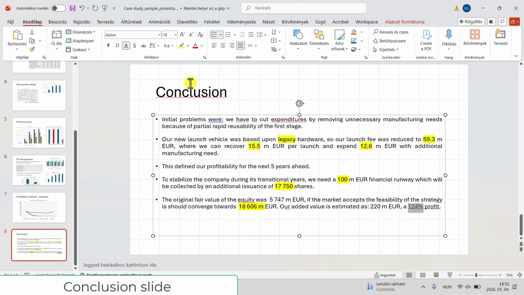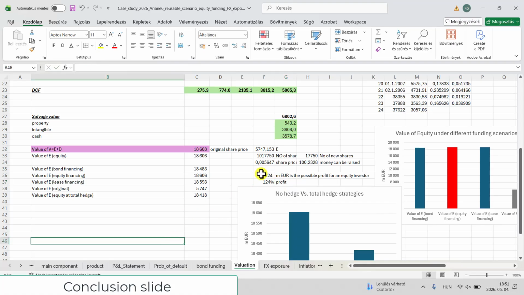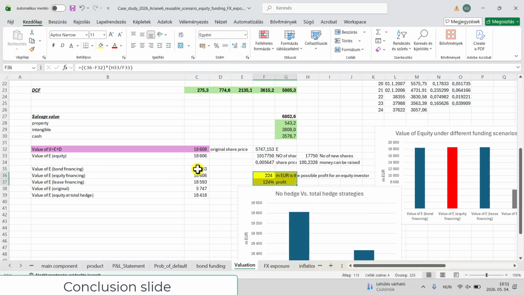So again, we have to change this, and this is coming from the datasheet itself. So these numbers should be defined.